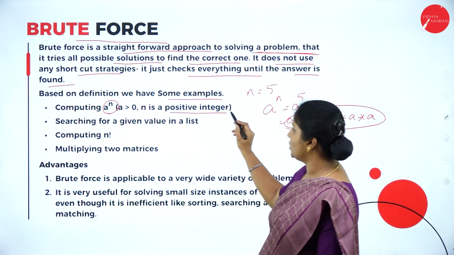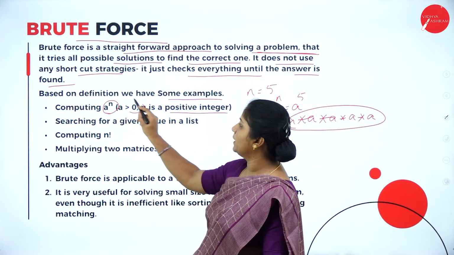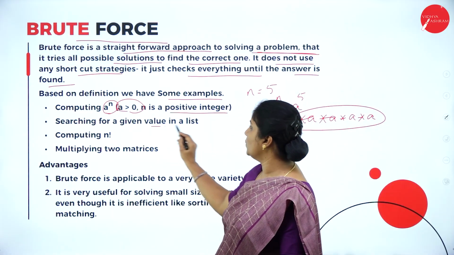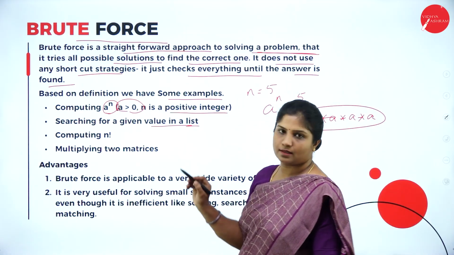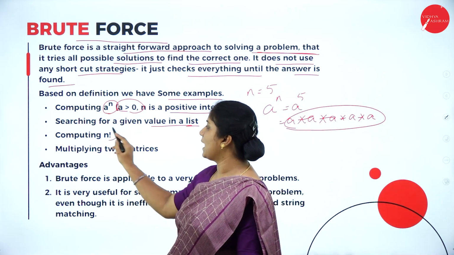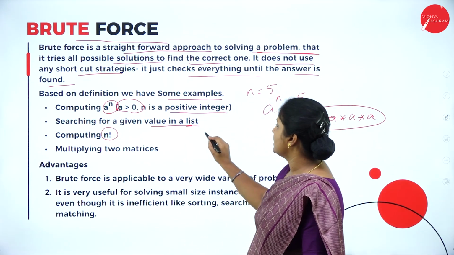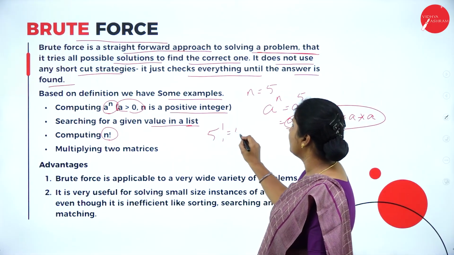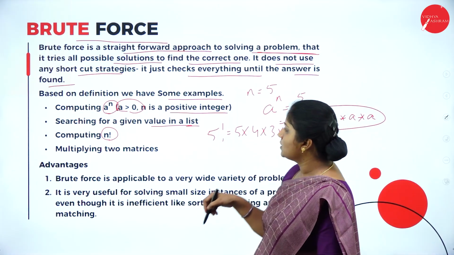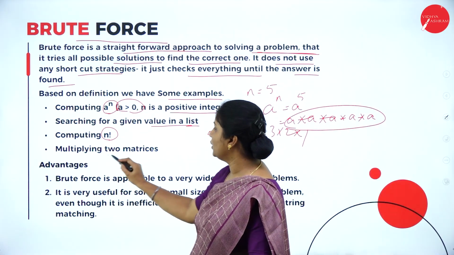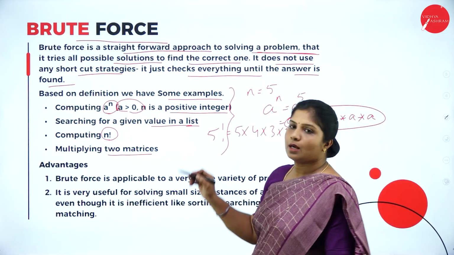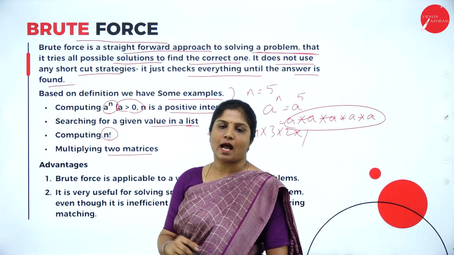N is a positive integer and a should be greater than 0. Next, searching for a given value in a list, which means I need to search a key value in a list. Then computing n factorial. That is 5 factorial means 5 into 4 into 3 into 2 into 1. Then multiplying two matrices. So these are some of the examples where brute force approach is applied.